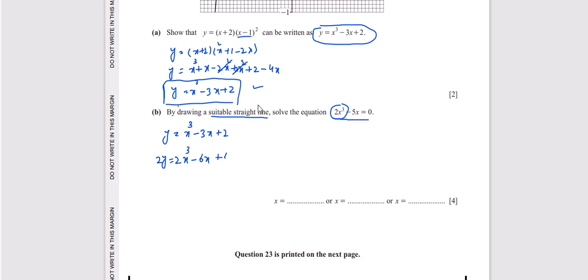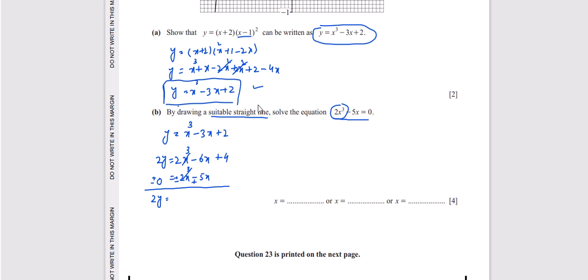Subtract these equations: 0 is equal to 2x³ − 5x. Subtracting, the 2x³ terms cancel with each other.